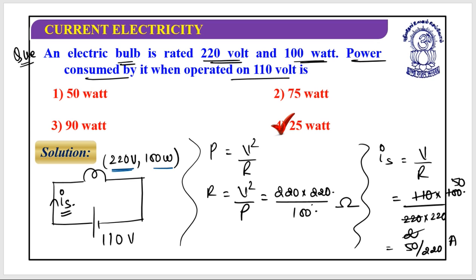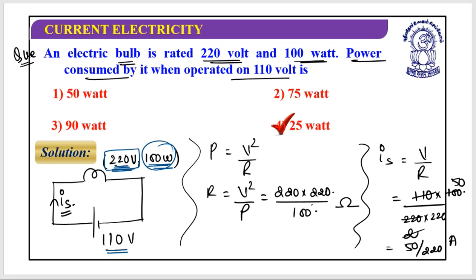That means this bulb requires 220 volt if you want a brightness or lumens of 100 watt. But here you are providing 110 volt, which is less than 220 volt. So will this bulb fuse? We say no, because you are providing a voltage which is less than its requirement. So it is not going to fuse.